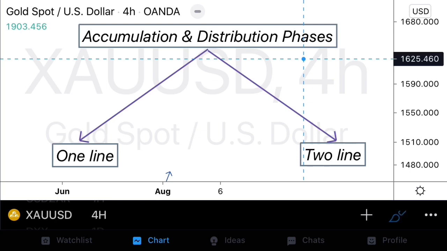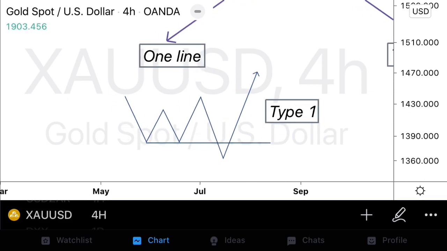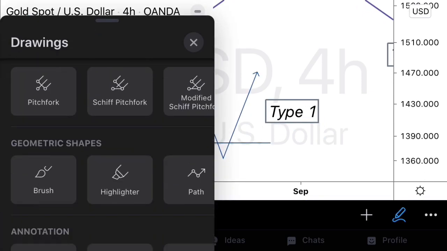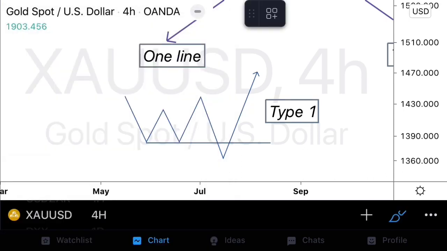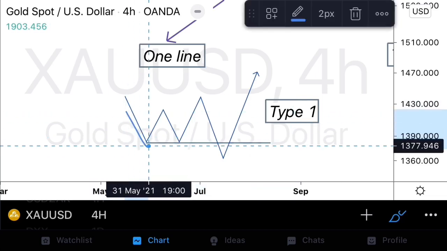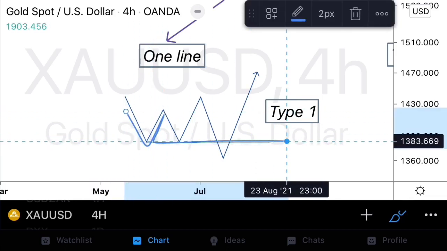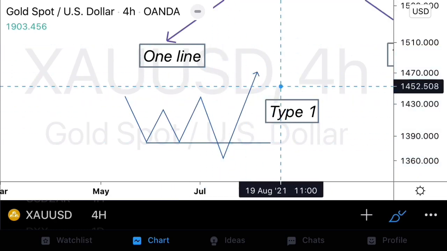Now, as I told you guys, we're gonna go into one line and two line accumulation and distribution phases. The reason we're calling the type 1 a one line accumulation phase is because we have one support area that has been established, or one low in the market that has been established, that we are expecting to be violated to the downside before prices actually make that mark up.